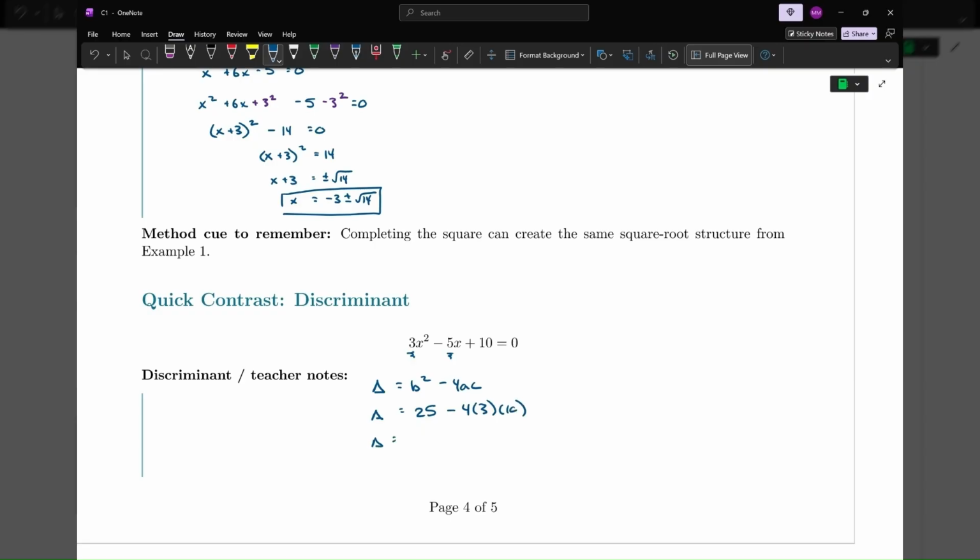So discriminant is 25 minus, that's 120, which is negative. I don't actually care what it is. It's negative. So what that tells me is discriminant less than 0, therefore no real roots. And we're done the question. So solve, no solution. There's no solution here because there's no point at which 3x squared minus 5x plus 10 equals 0. Okay.